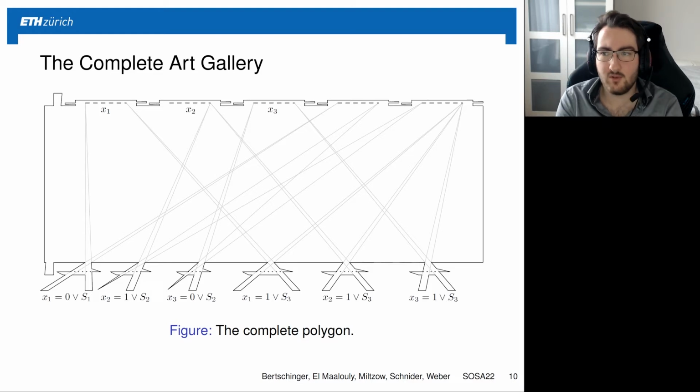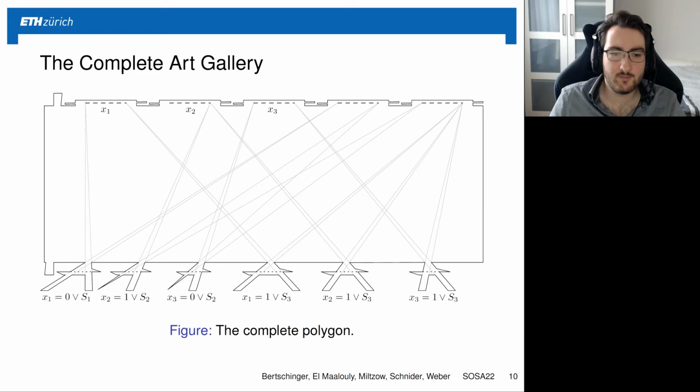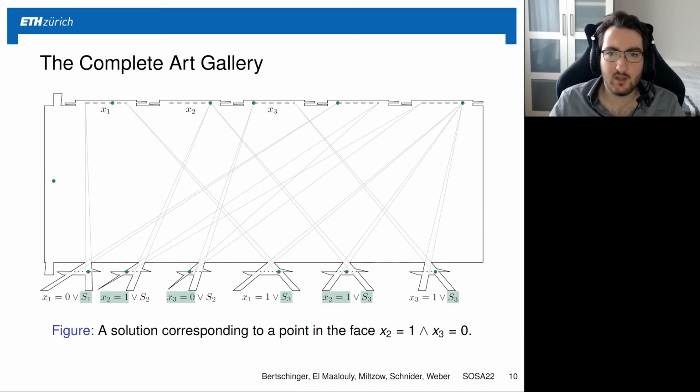So now if we put all of this together, we get this following complete R-gallery polygon. And to help you understand this a bit, I have added one example solution for this. And this solution now corresponds to a certain point in our hypercube, which is in this orange face that I showed previously, where x2 equals 1 and x3 equals 0.